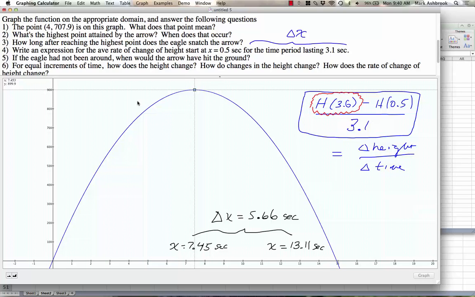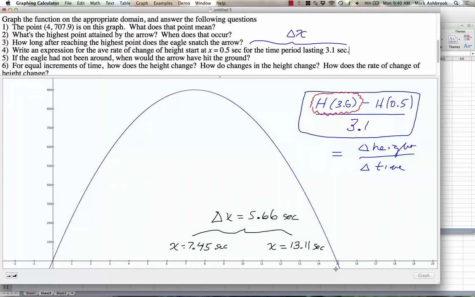Not sure. How about Jonathan right here? Did you get that? How do you go about finding the amount of time it takes? Okay. He said make another graph letting y equal to 0 and find which intersection.